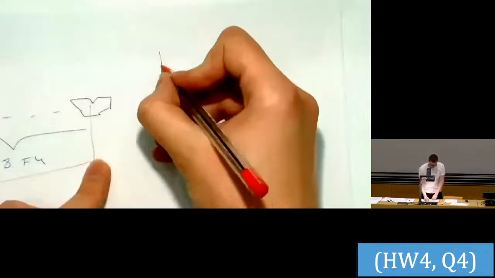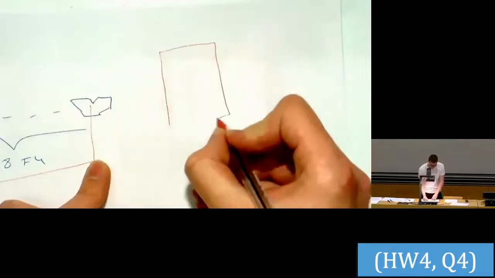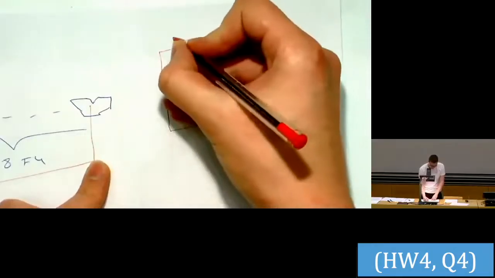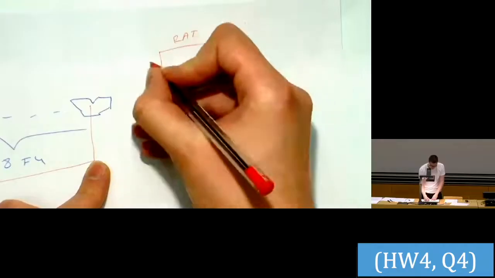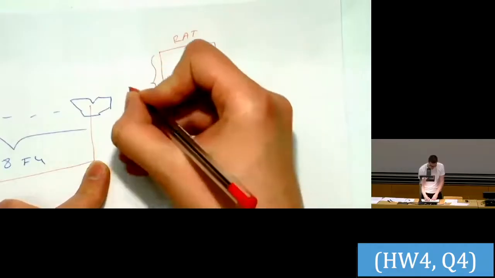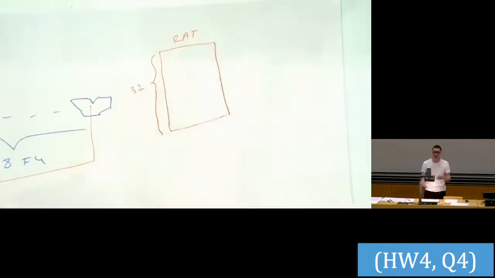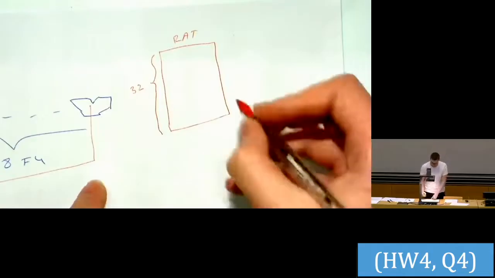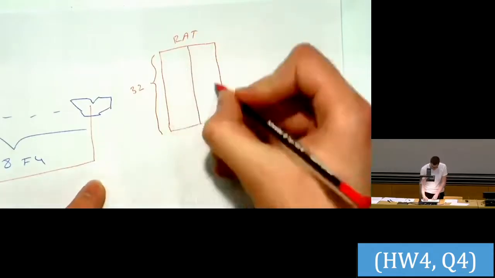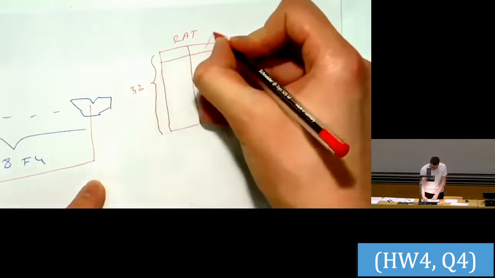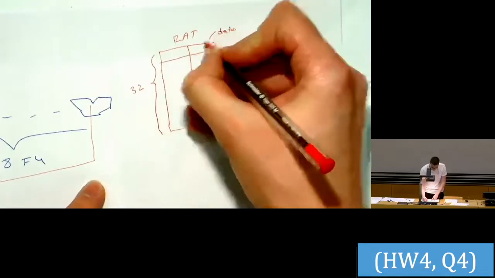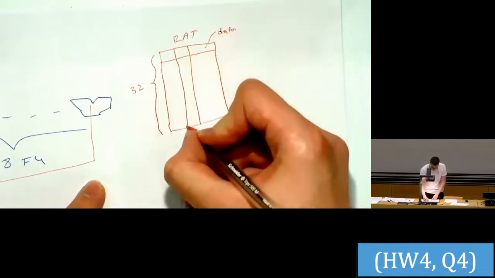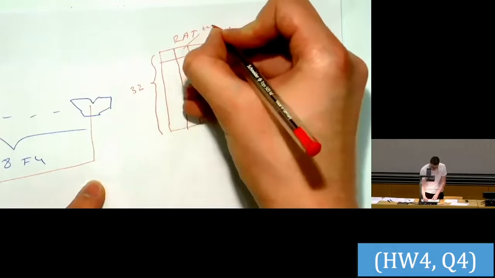But if I draw this, the register alias table will have 32 entries, because we have 32 architectural registers, right? And then it will have a data field for each entry. It will have some tag field, right?